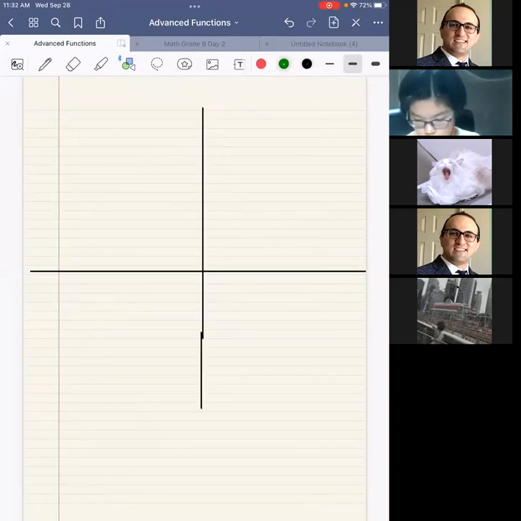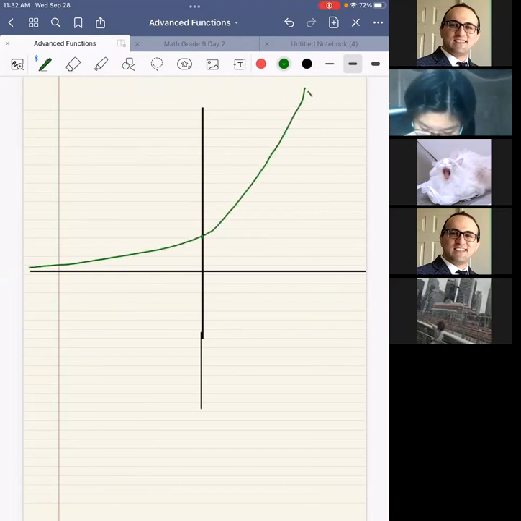First I draw the graph of the original function, 2 to the power x. Both of them are original, but we began with 2 to the power x. And that's the graph of 2 to the power x.